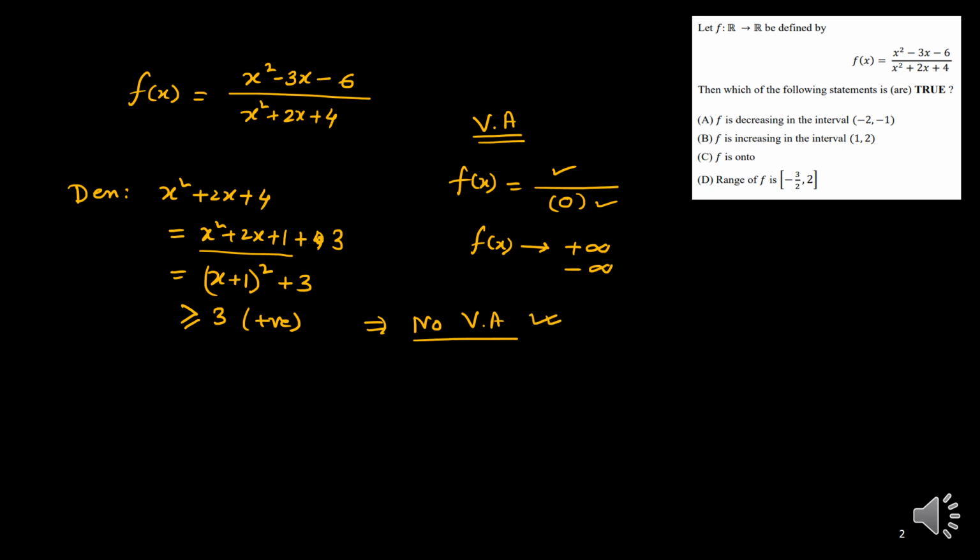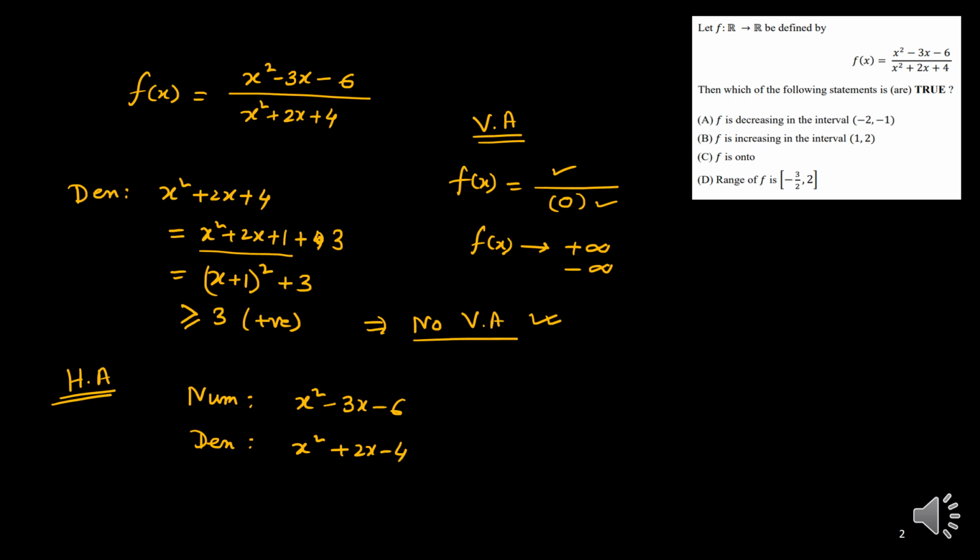Next, we need to find out whether there is a horizontal asymptote or not. So how do we find this? As x approaches infinity, I want to understand how the function varies. Now the numerator is x square minus 3x minus 6, and the denominator is x square plus 2x plus 4.